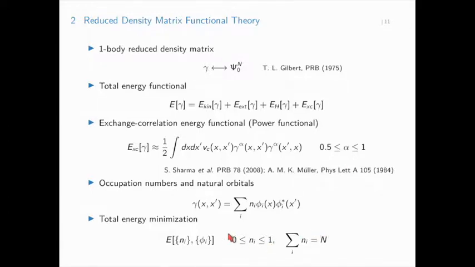The constraint is that the occupation number for a particular orbital is between 0 and 1. This is related to the Pauli exclusion principle, and then the sum of the occupation numbers is equal to the total number of electrons. Of course, you also have to impose that your natural orbitals are orthogonal. So here, in fact, there is one condition missing. And when you minimize your energy functional, you always have to keep in mind this constraint.